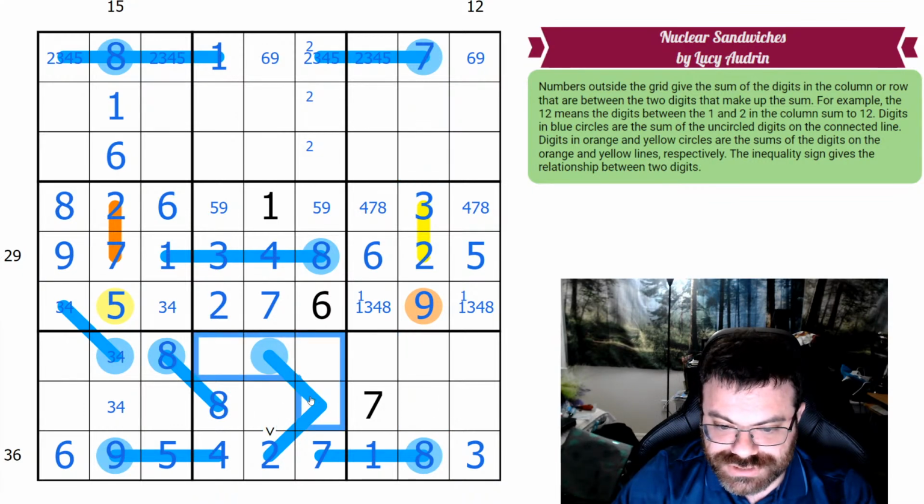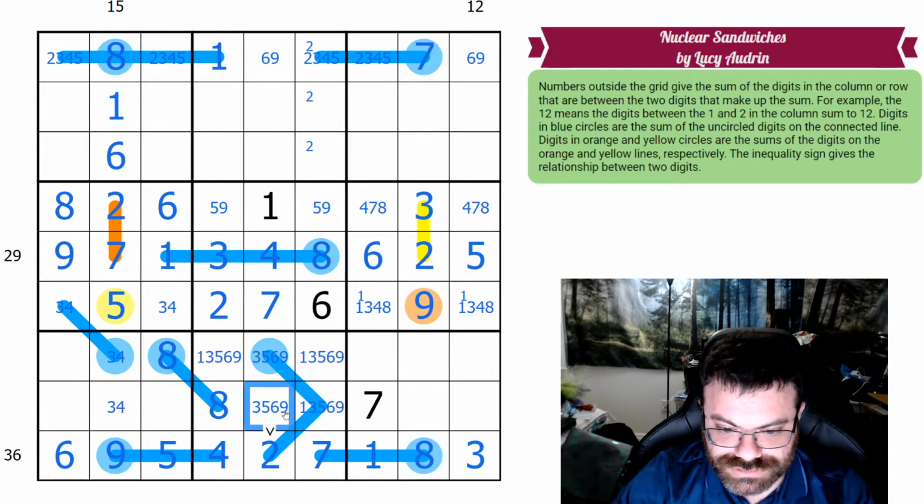I think I should just start filling numbers. We need a 1, 3, 5, 9. What did I miss? 6? This can't be 1, or could be 3 actually. That's not a 1. This can't be 3 or 1. So 1's in one of these two. 1, 3, 5, 6, 9. These aren't 6.